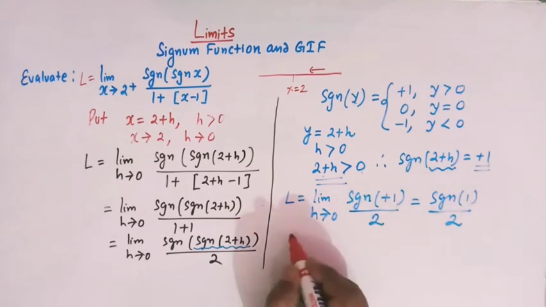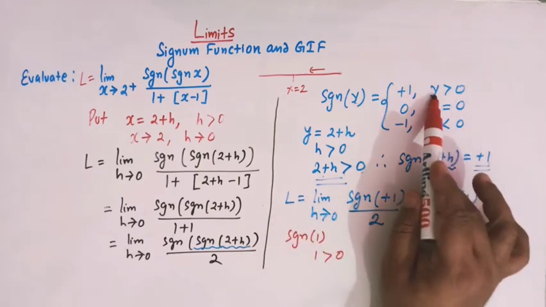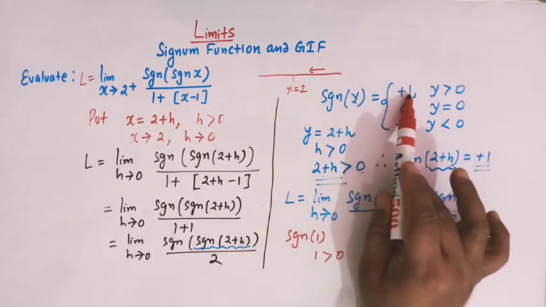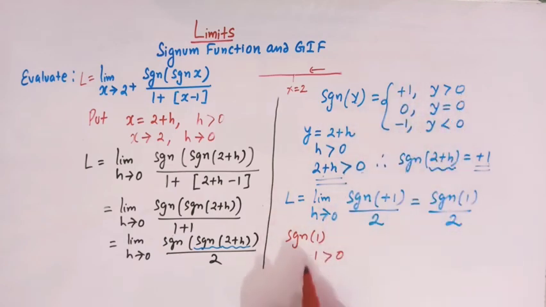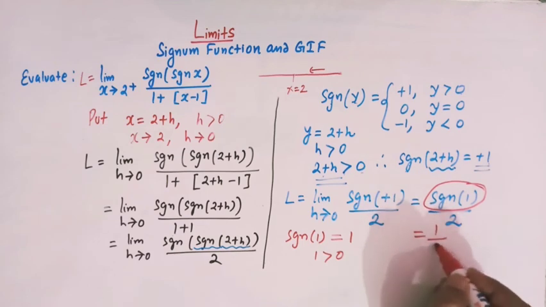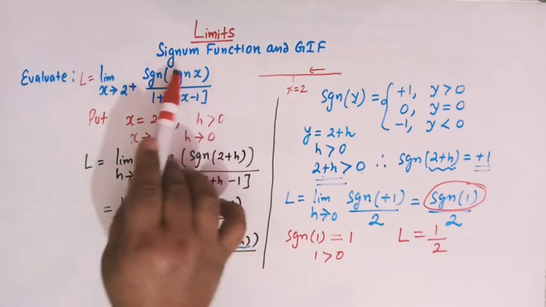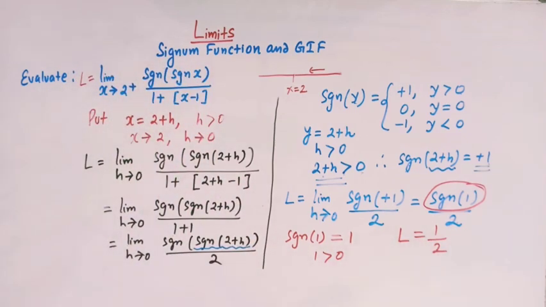This 1 is obviously greater than 0, because 1 is positive. Therefore, again by this definition, signum of y is plus 1 whenever y is greater than 0, so signum of 1 is equal to 1. So here we have 1, and here we have 2. So viewers, the value of this limit is equal to 1 over 2.